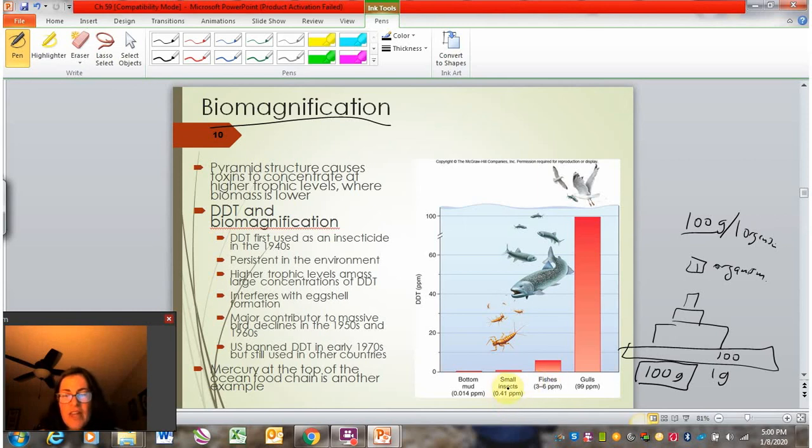The fish that eat those insects, again, because they're higher up on the food chain, are starting to accumulate a higher concentration of that mercury. And then gulls that eat the fish have, again, a significantly higher amount of the mercury. And so again, the risk here is that as you move up the food chain, something that started as a really insignificant level of a toxin reaches levels that can be fatal.